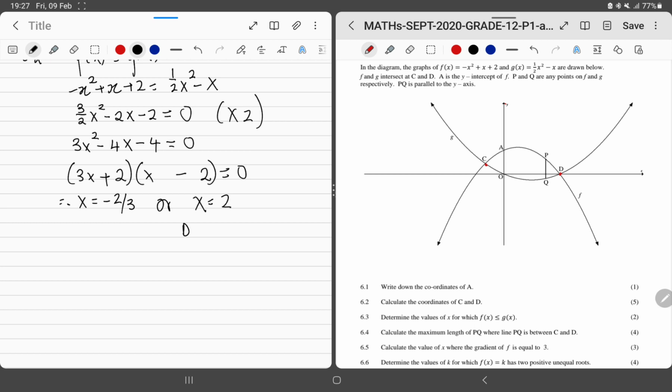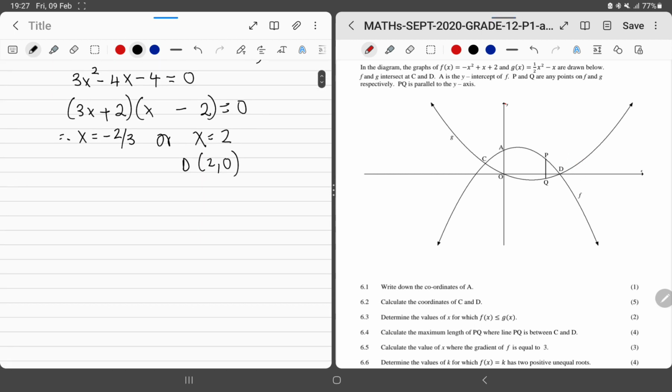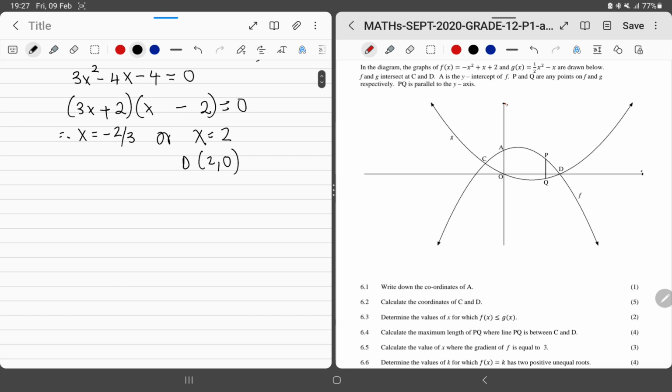At D, I can see that the x value must be 2, so the y value there is 0. So the coordinate of D is (2; 0). And then now I'm just going to substitute minus 2 over 3.